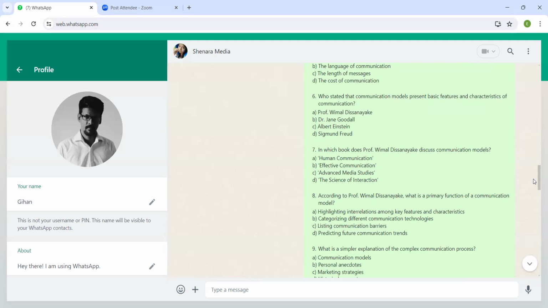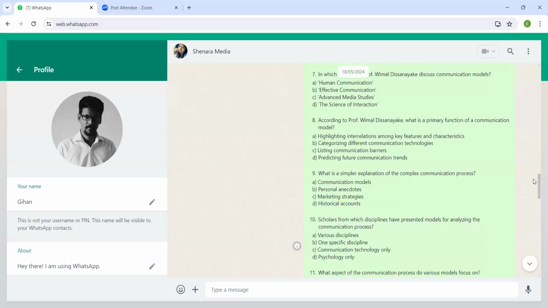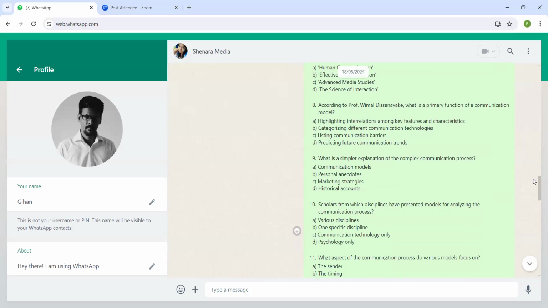Number 9. What is a simple explanation of the complex communication process? Personal anecdotes, marketing strategies, historical accounts. The answer is communication models. A communication model simply explains the communication process.